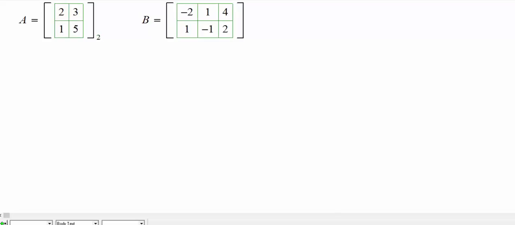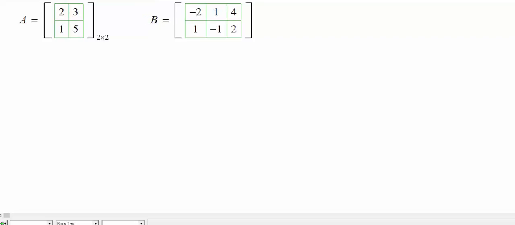So what we would do is that we would look at the dimensions of the matrices. So this is a 2 by 2 matrix, and this one is a 2 by 3 matrix. Okay, so in this case, remember this, if I want to multiply, say, AB, then the number of columns in A has to match with the number of rows in the matrix B, right?